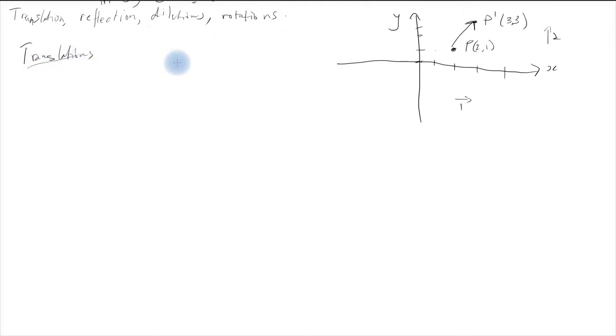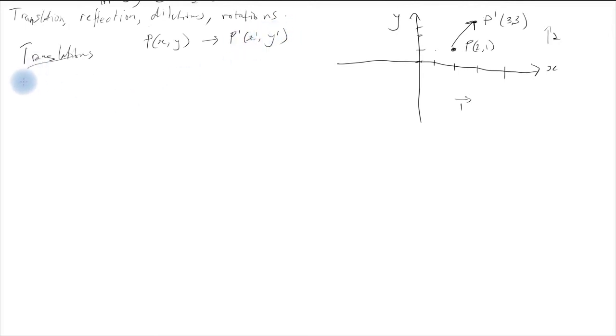So for translations, if we're doing this in a matrix form, here's our original point. The point is at x, y, and we're going to do some sort of translation to get to the point P dash, and we'll say x dash, y dash for the coordinates where they've moved to.